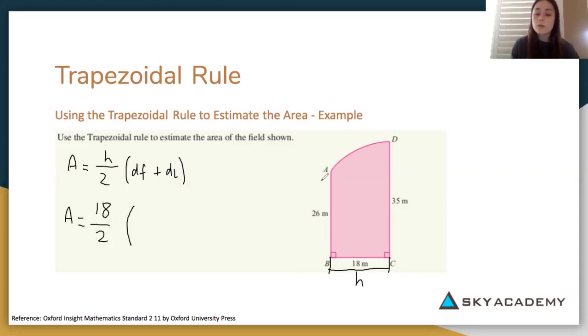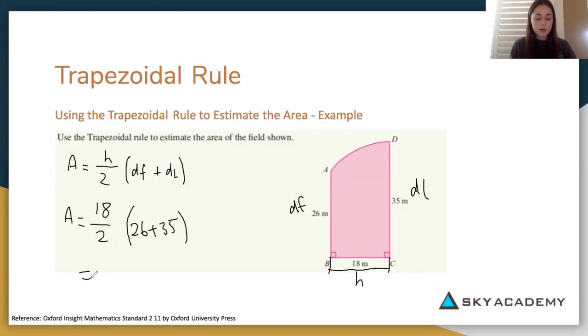Then the distance of the first parallel side is going to be here, and the distance of the last parallel side will be 35. So 26 plus 35. And now we can simply put that into our calculator to solve.